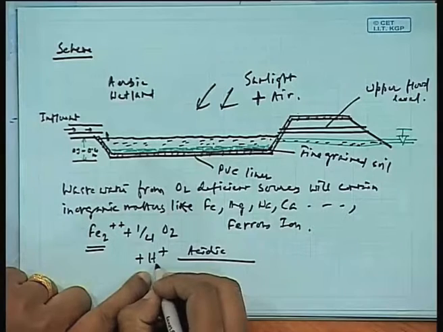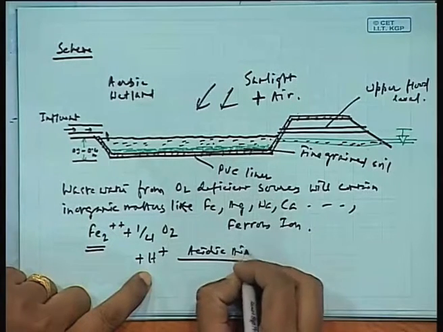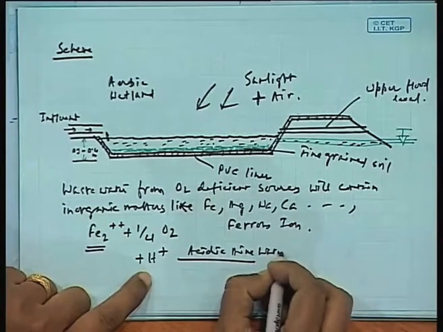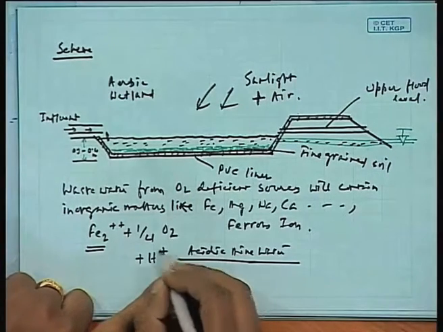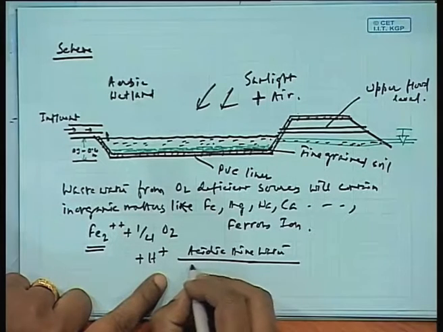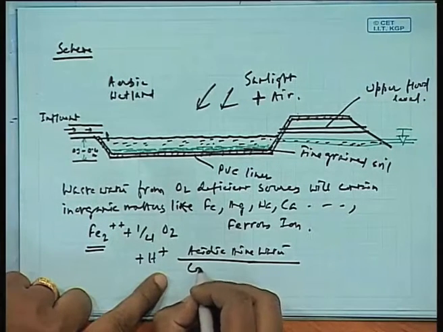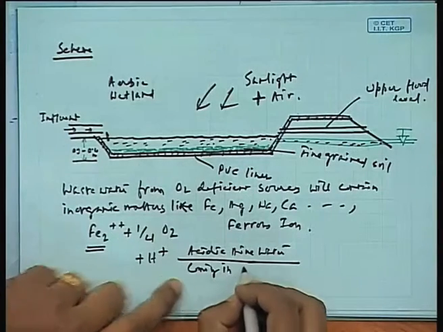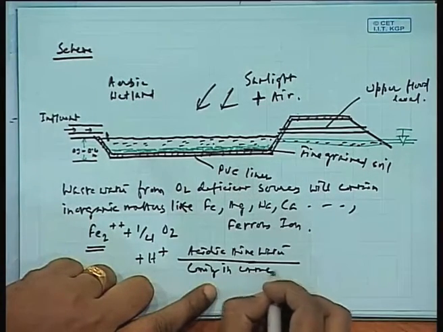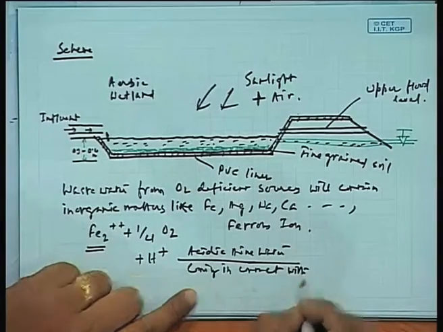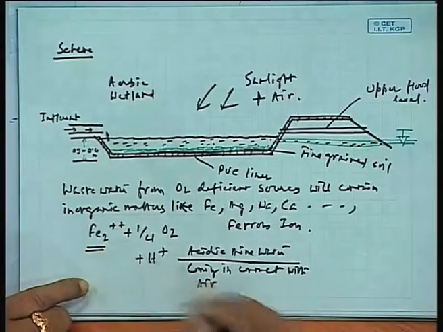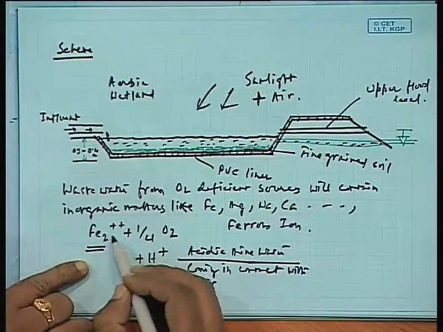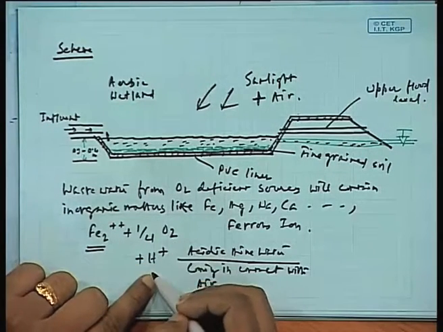Acidic because of H plus shows that it is acidic mine water, coming in contact with water and coming in contact with air. This is ferrous ion, oxygen and hydrogen.